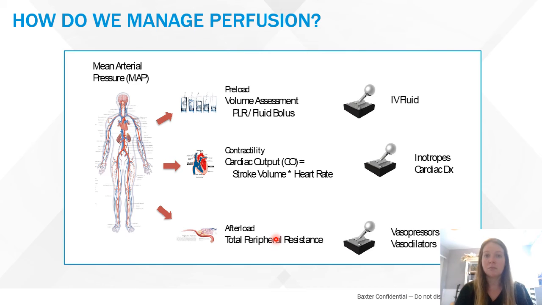That means that your vessels are clamped down and maybe we need to give some vasodilators. Or if your cardiac output is low and your preload is normal and your afterload is normal, let's see if we can help with some inotropes. So you can figure out what your patient needs to perfuse, all at the bedside, utilizing the Starling monitor.